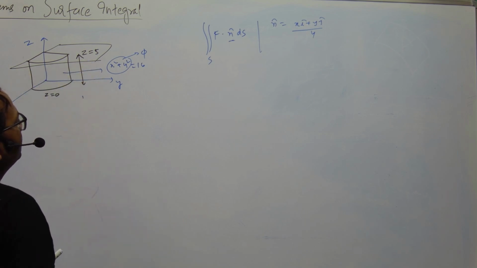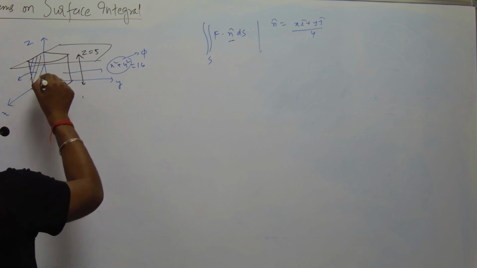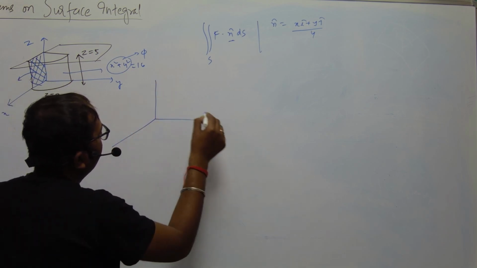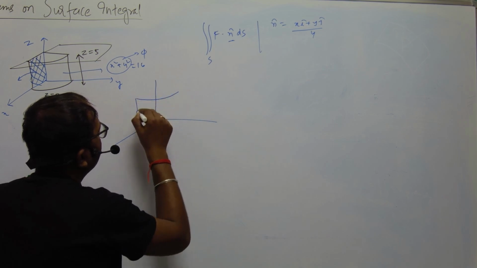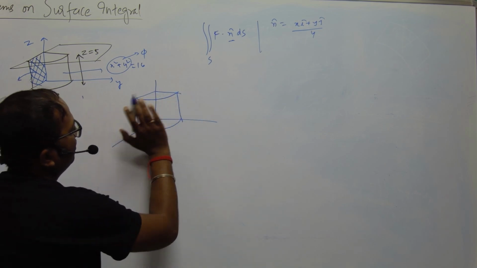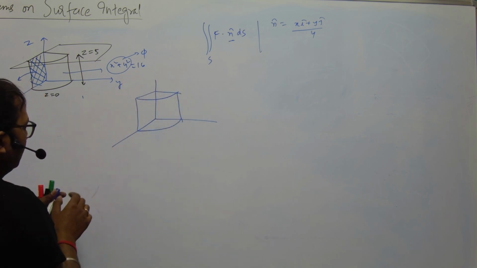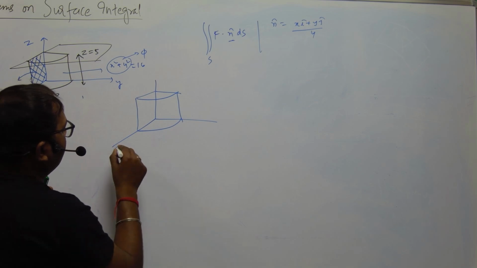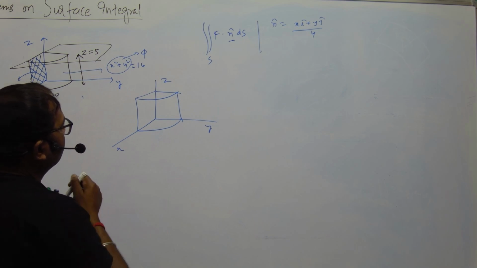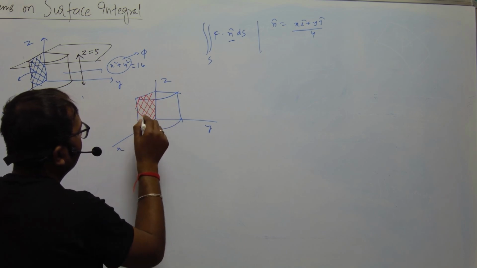For finding the value of ds, we have to take the projection on the xz plane. We have x, y, and z axes, and we are taking the projection on the xz plane. This will be our region R.